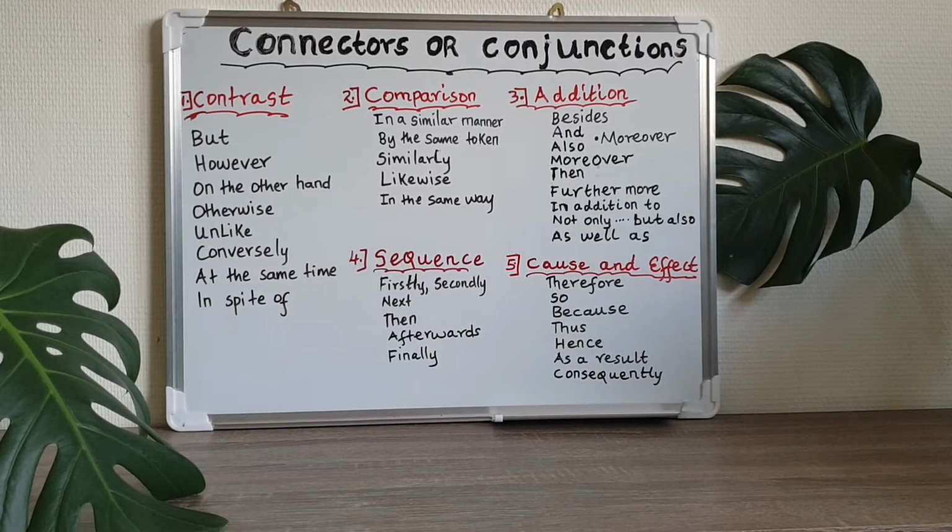But you're adding the ideas together. In other words, you want to talk about more than one thing. The first one is we have besides, and, also, moreover, then, furthermore, in addition to, not only, but also, as well.